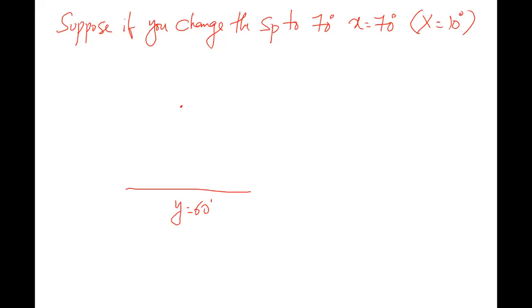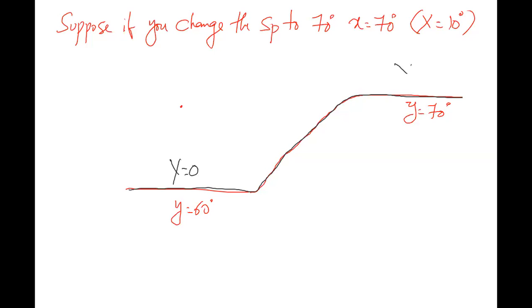Suddenly you have made the set point 70 degrees. Slowly small y starts to rise and then finally it has to settle at 70 degrees. This is my controller expectation. So my capital Y starts from 0, then increases, and finally capital Y should become 10 degrees.